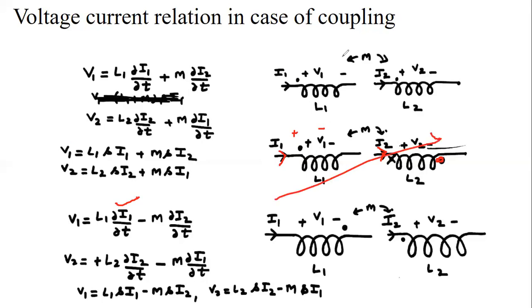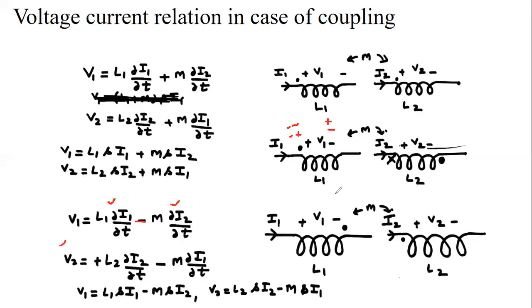And due to the current I2, because current is entering from the undotted terminal, it will produce a positive voltage at the undotted terminal, and the value is M del I2 by del T, and this term reduces the strength of the voltage of coil L1. So here is the negative sign. So V1 is L1 del I1 by del T minus M del I2 by del T.